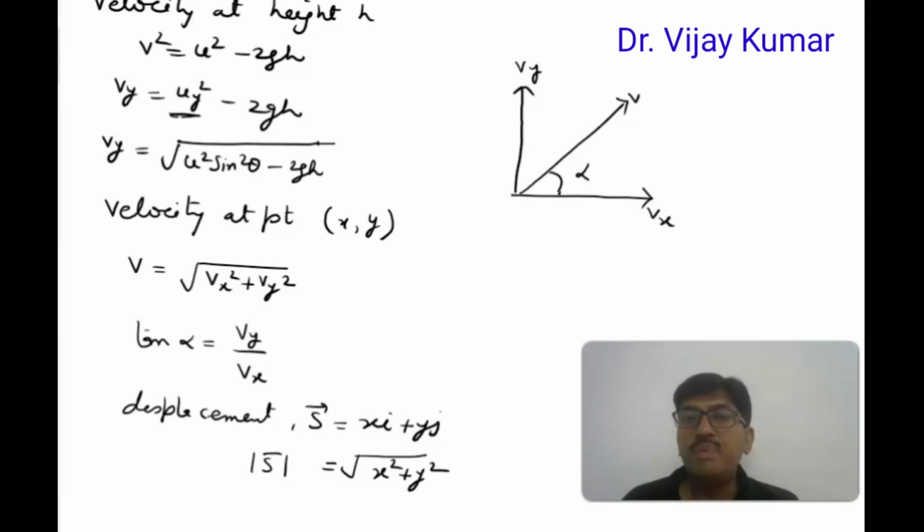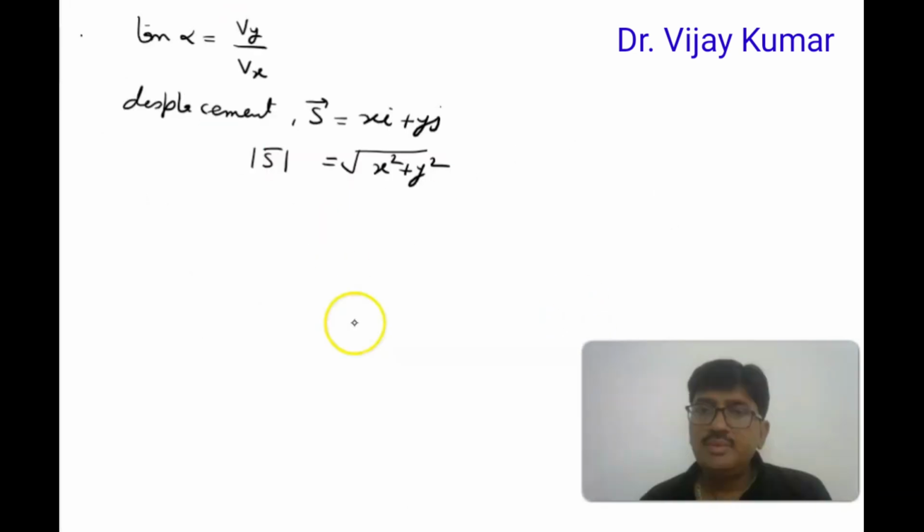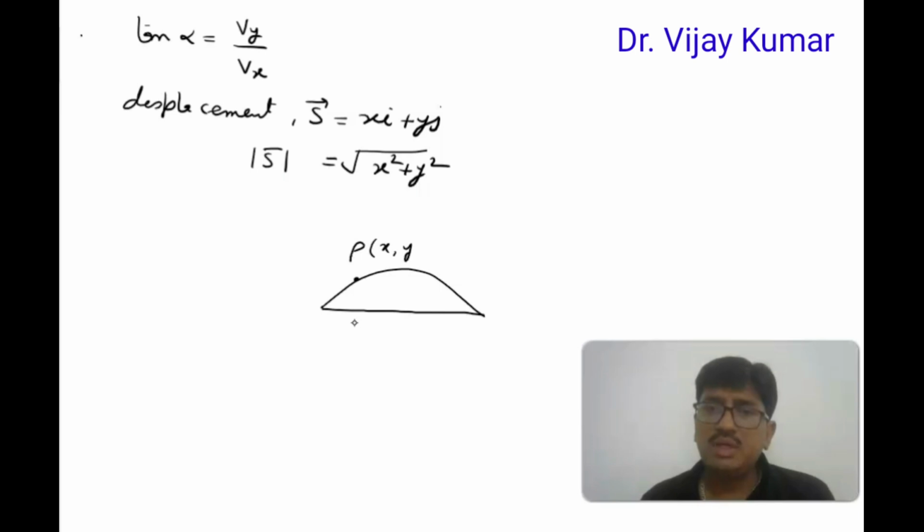Suppose this is the projectile path, and we are discussing this point, whose coordinate is xy, and this angle is beta.